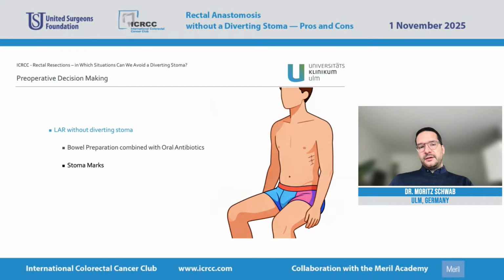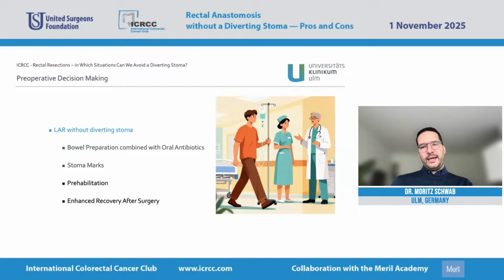We always mark the stoma in case we need it. And we established the ERAS program in our institution, with sometimes prehabilitation of the patients to get them in a better condition for the surgery.